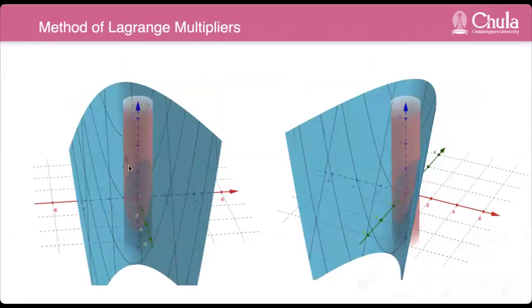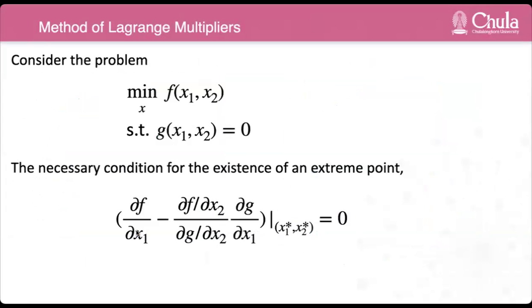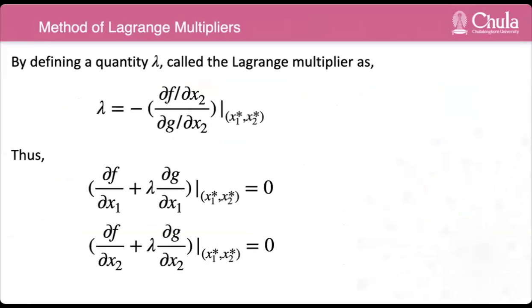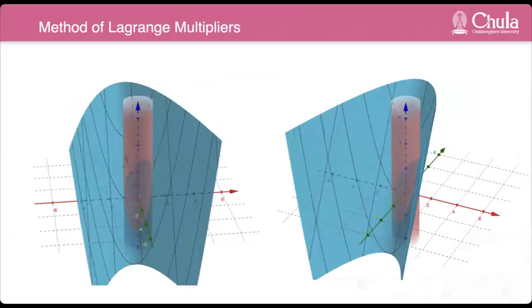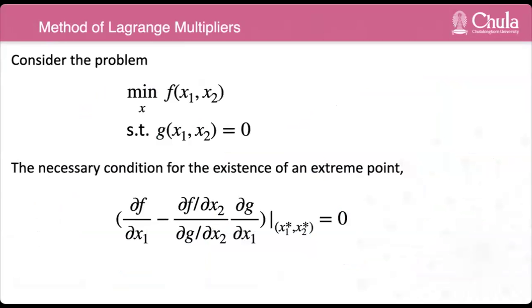And this is our maximum point, and this is our minimum point. Then the question is, how can we use the method of Lagrange multiplier to solve such a problem?